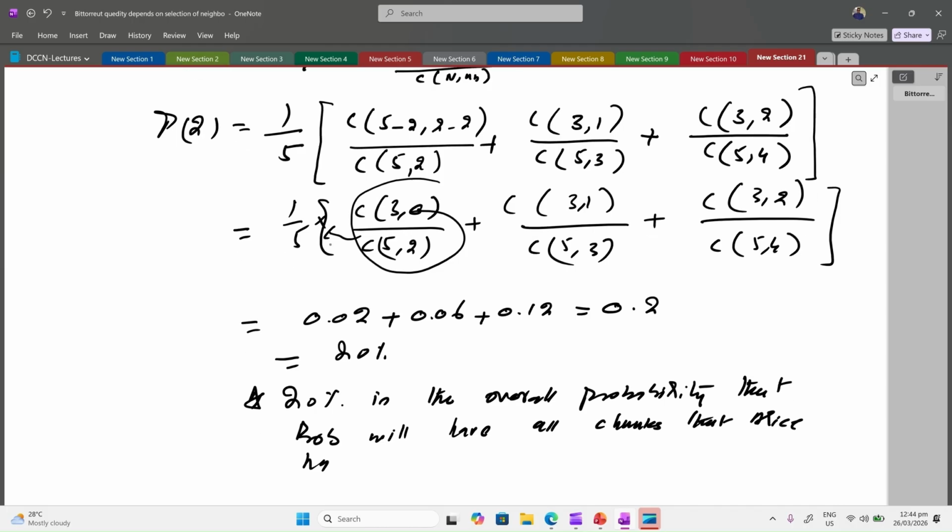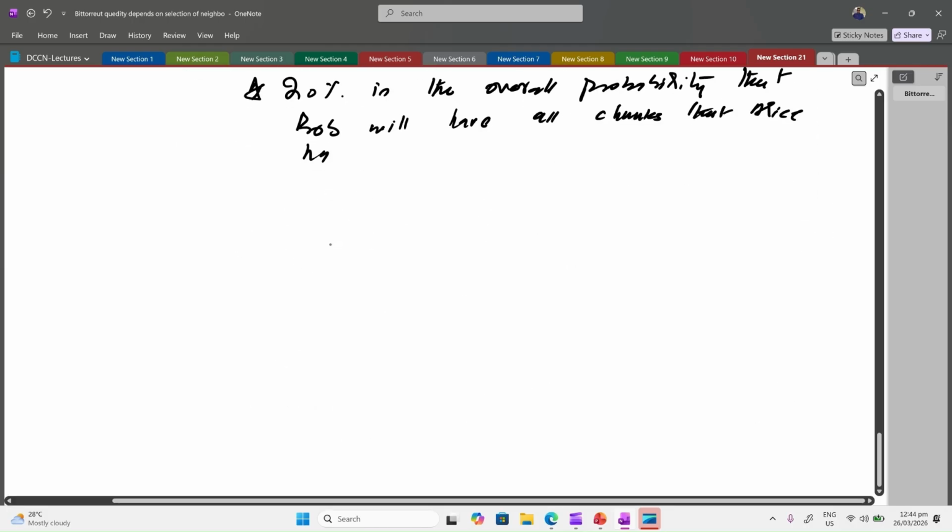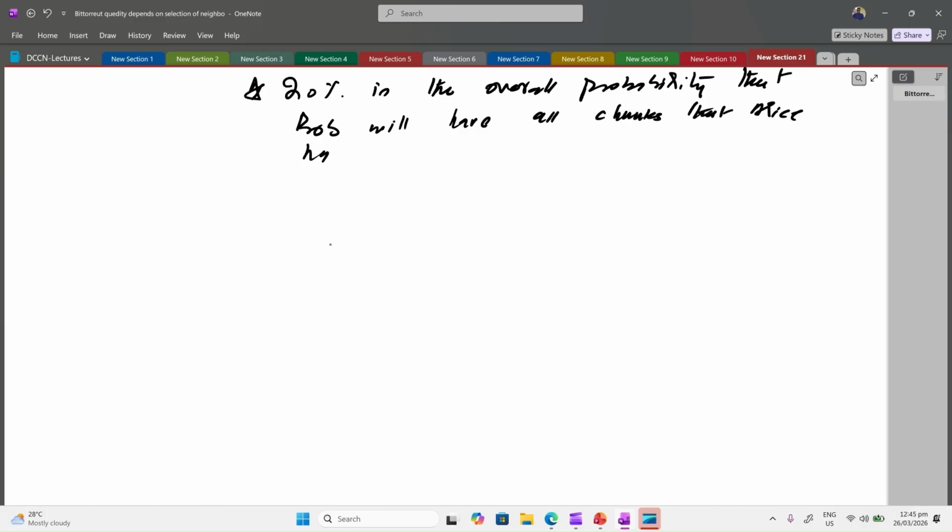Similarly, I can also calculate the probability that I have a chunk that any one of my neighbors is interested in.